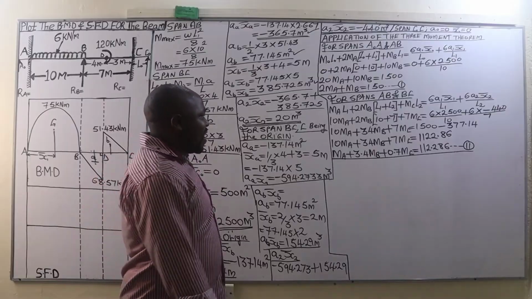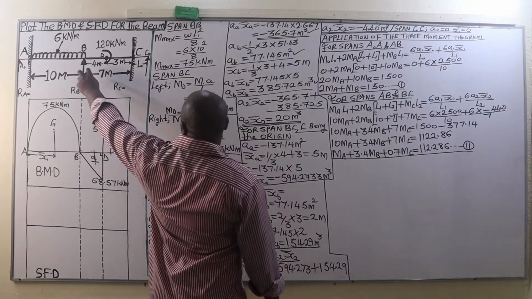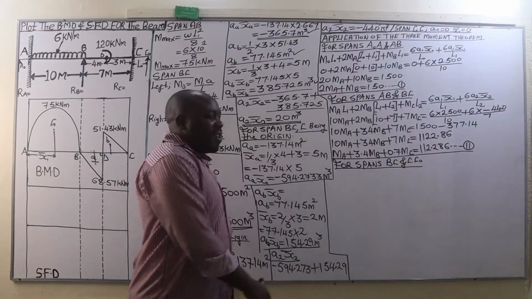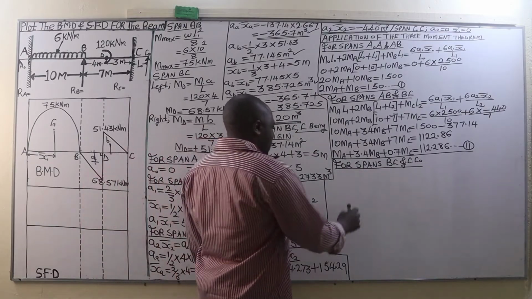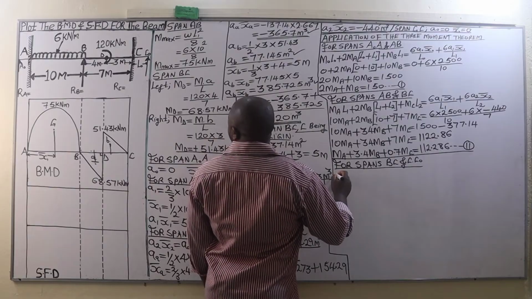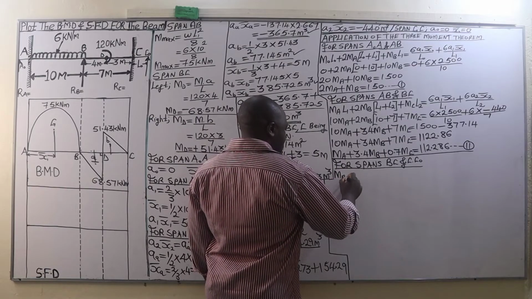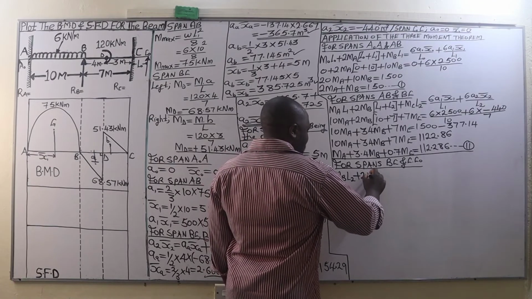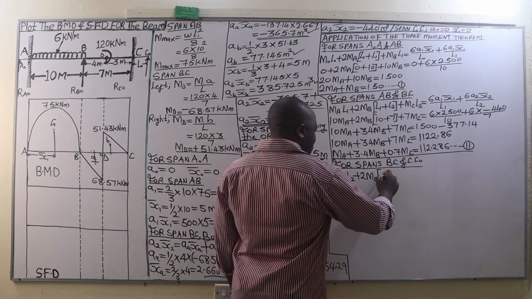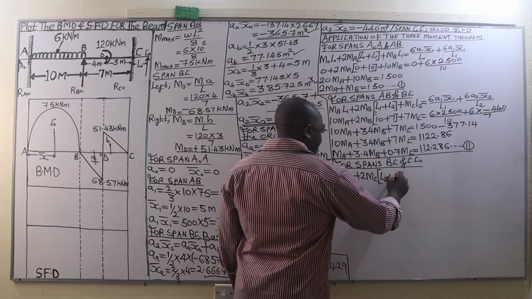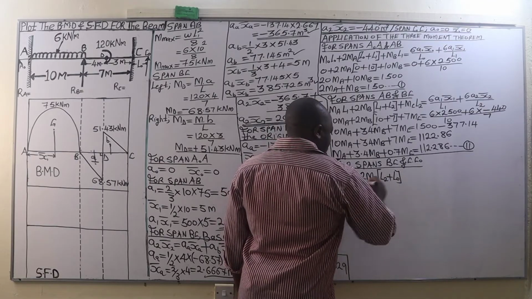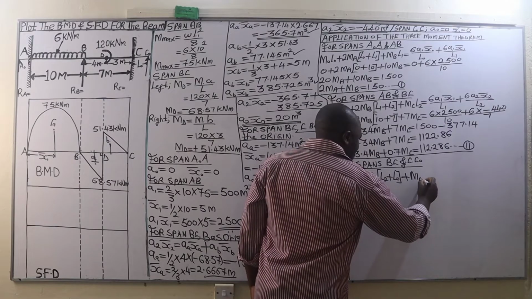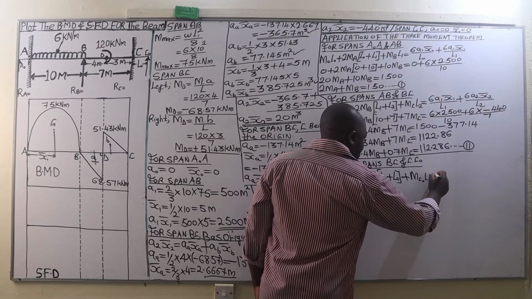Then we go to the final spans, that is BC and CC naught. Our 3 moment equation will be as follows. We are going to have MBL2 plus 2MC into bracket L2 plus L0 plus MC naught L0.